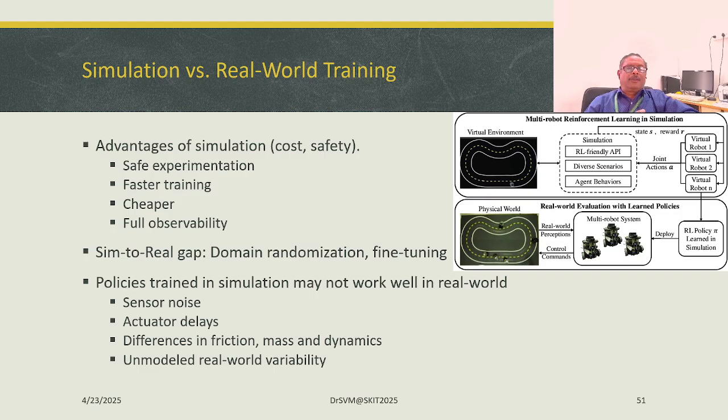So the policies that are trained in the simulation may not work very well in the real world for many reasons. The reasons may be noise from the sensor. When we are simulating, usually we neglect the sensor noise and all that. So we assume that all the sensors are ideal. Therefore, the signals coming from the sensors are assumed to be ideal.